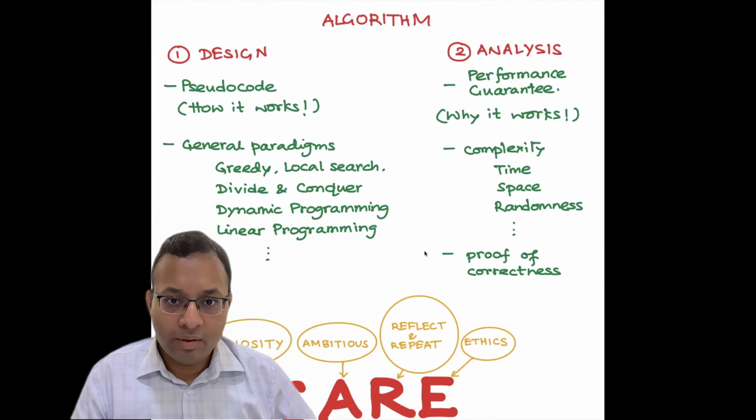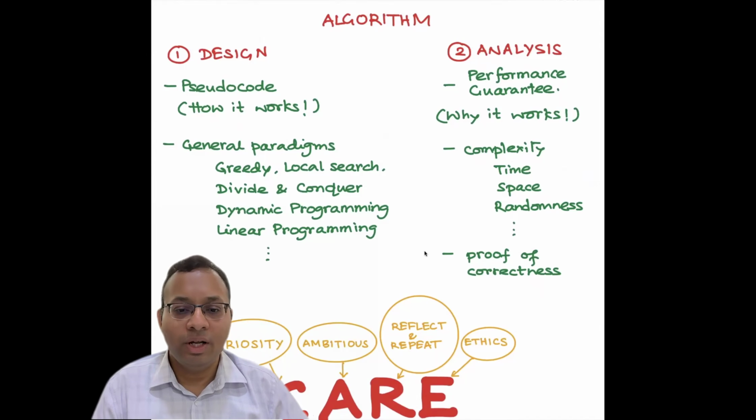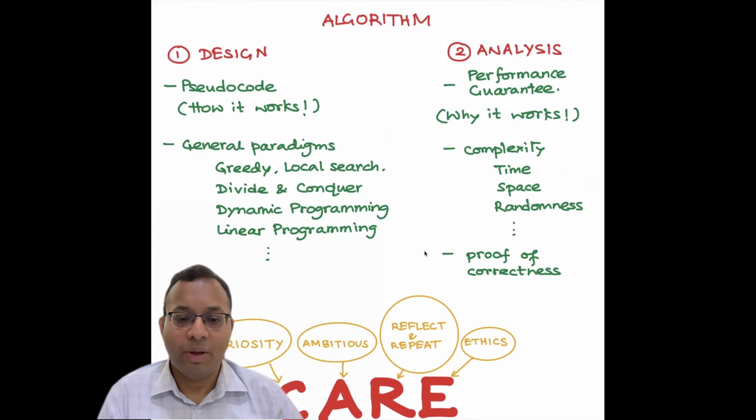Now, to design an algorithm for a problem, the course will give us some hammers. For example, some general paradigms like greedy, local search, divide and conquer, dynamic programming, linear programming. So given a problem, we'll try to apply one of these paradigms one by one and see if it works or not. And for many problems, they're already helpful and we'll be happy to get a solution from these paradigms.